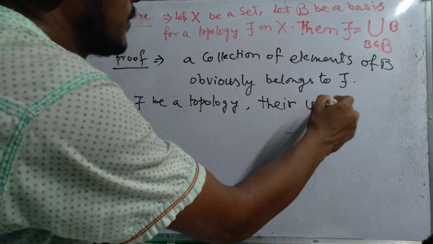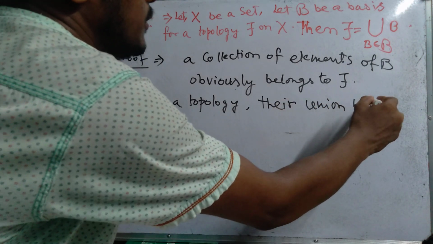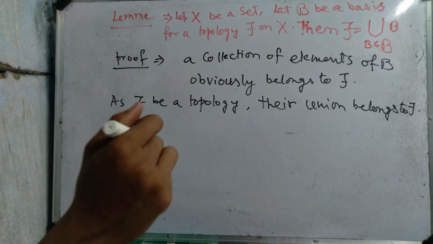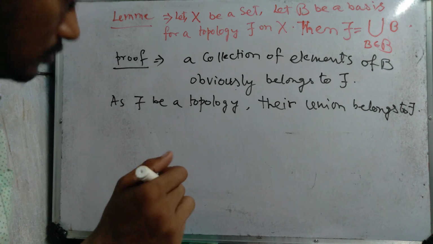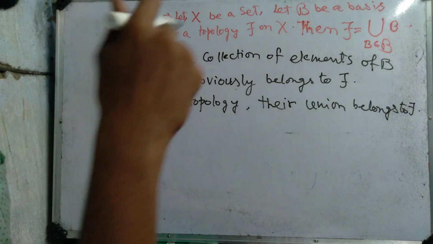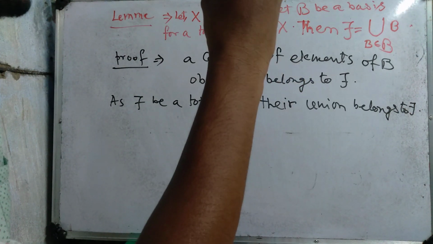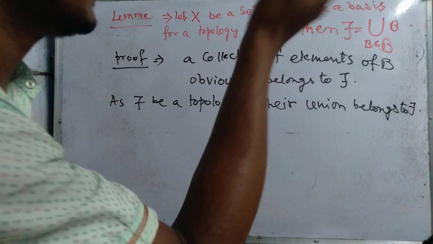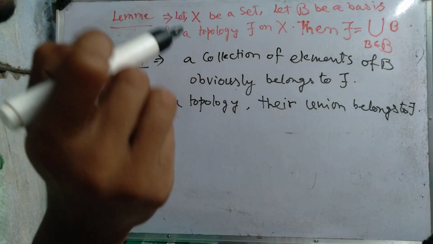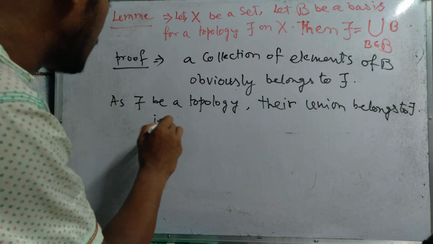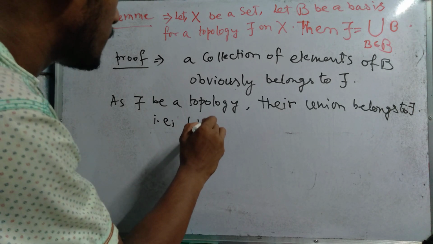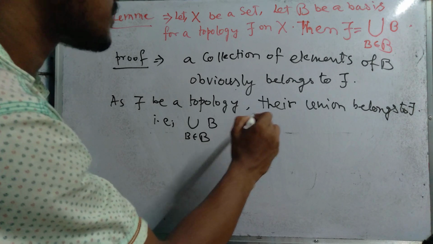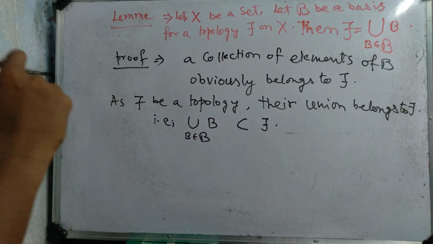So the union of a collection of elements of script B obviously belongs to tau. That means the union of B, where B belongs to script B, is a subset of tau. Okay.